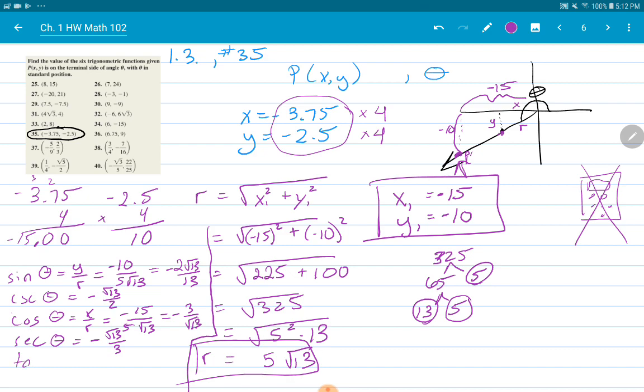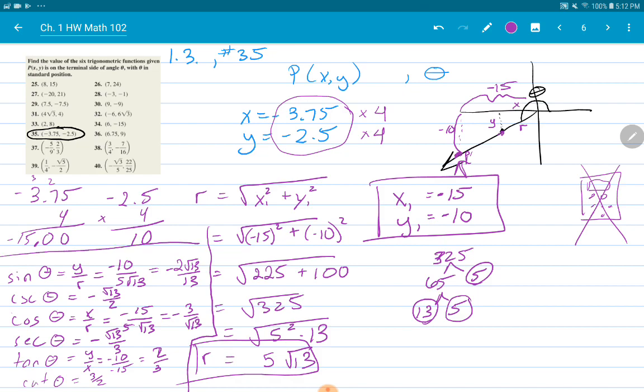And then tangent of theta is y over x, which is negative 10 over negative 15, which is positive 2/3. So cotangent is the reciprocal of that, which is 3/2.